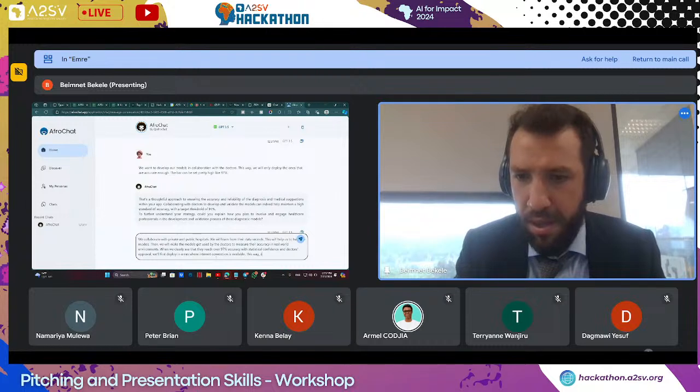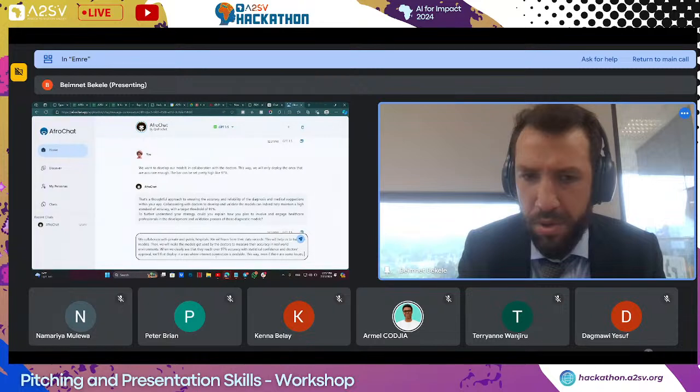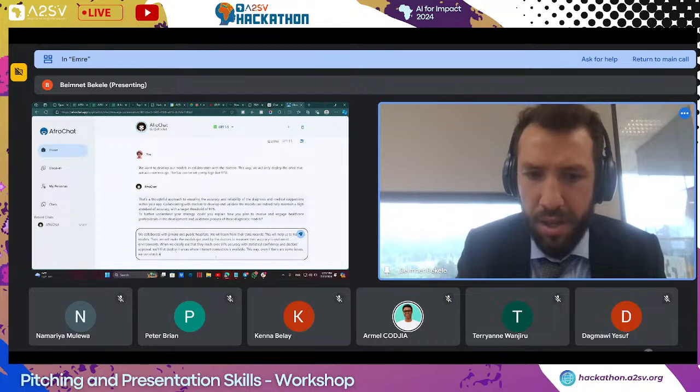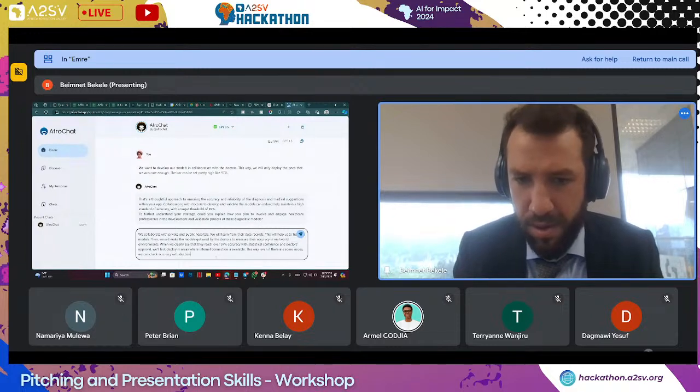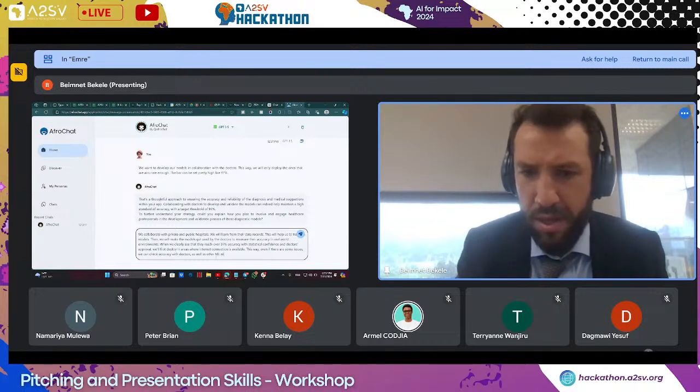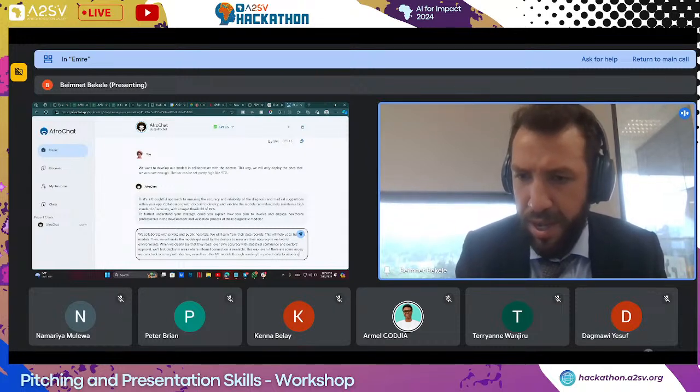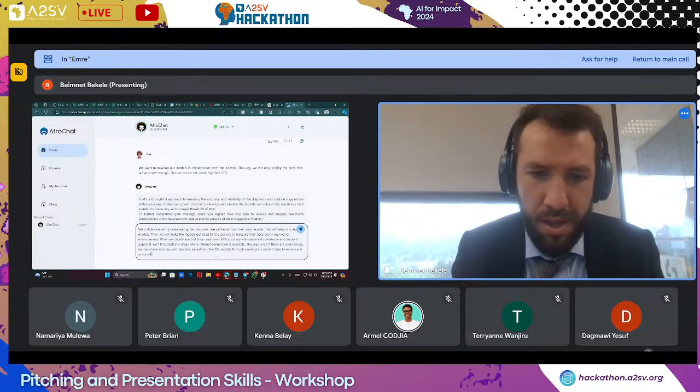This way, even if there are some issues, we can check accuracy with doctors as well as other ML models through sending the patient data to servers and assign doctors.